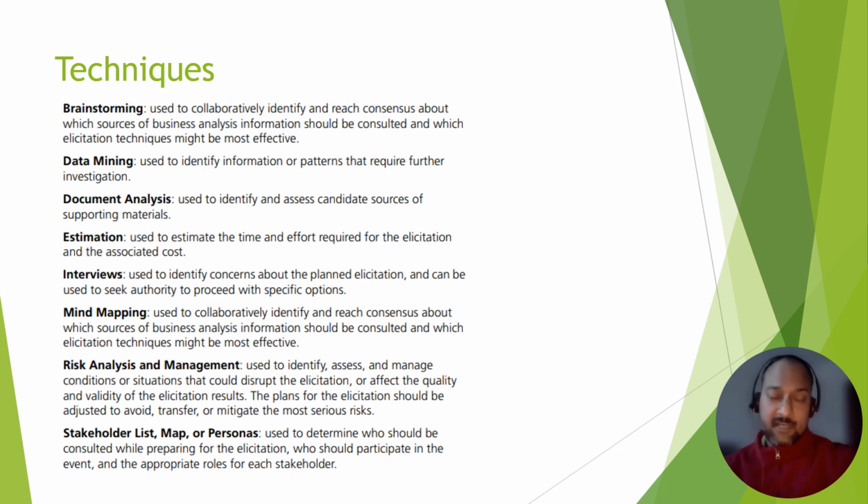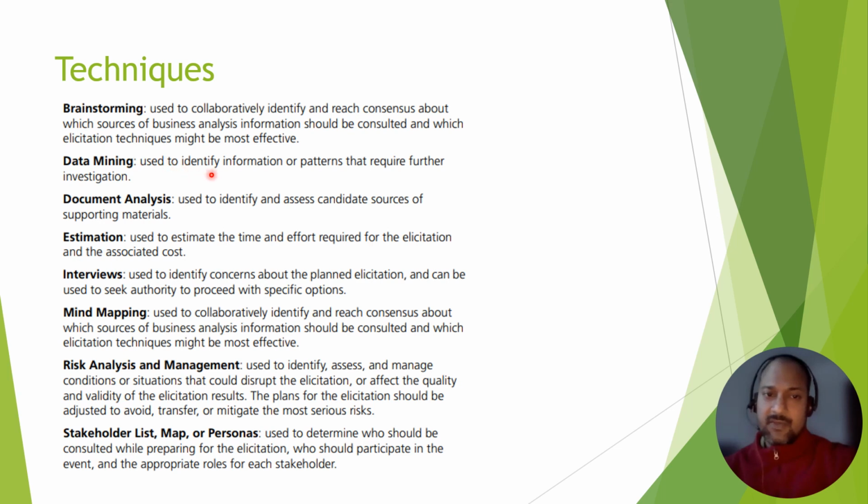Then we have what techniques we use for this activity. Since this is preparation for elicitation, you do brainstorming to identify and reach consensus about which sources of business analysis information should be consulted and which elicitation technique might be most effective.